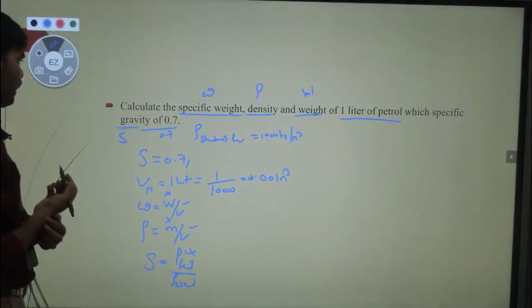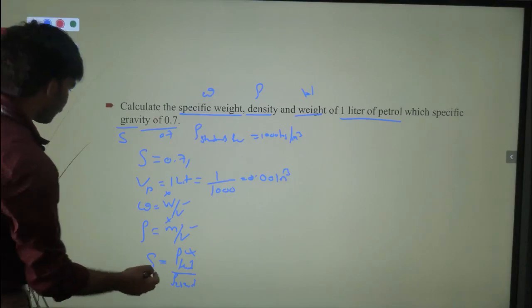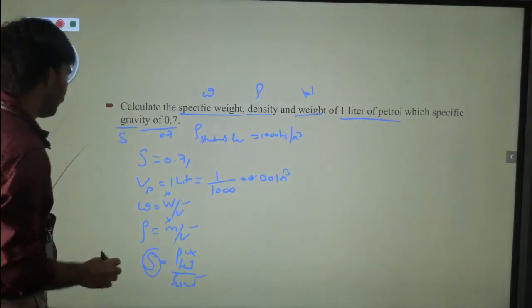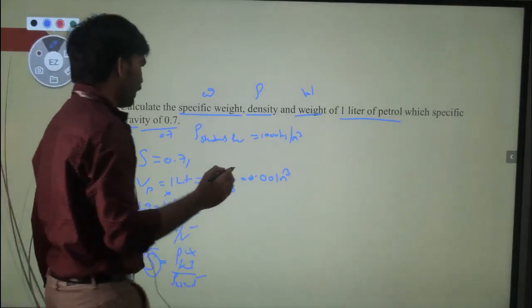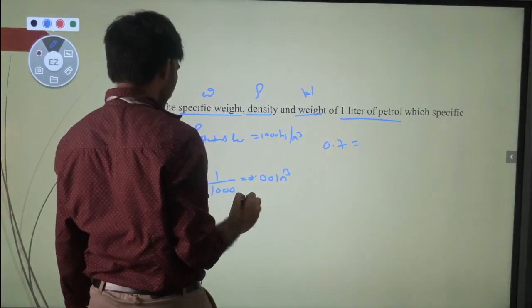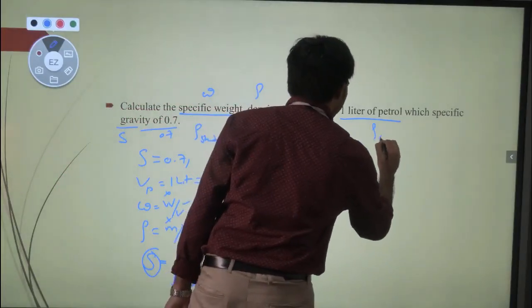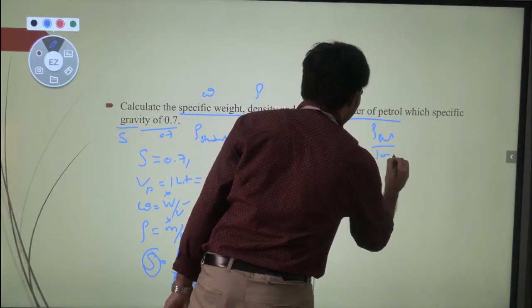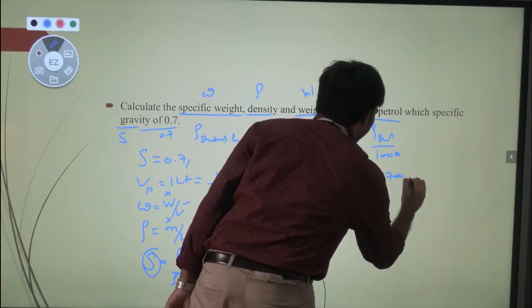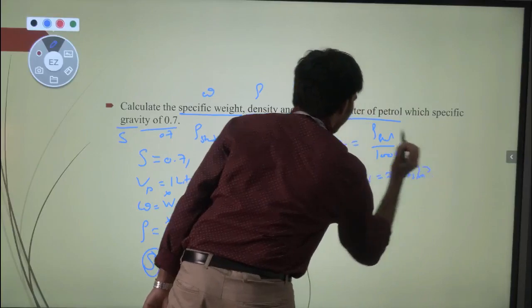Specific gravity is given as 0.7, so you can calculate the density of the fluid. That means 0.7 equals density of the fluid by 1000, so the density of the fluid is 700 kg per meter cube.